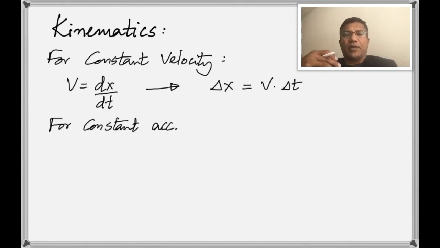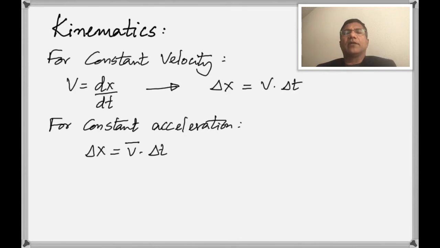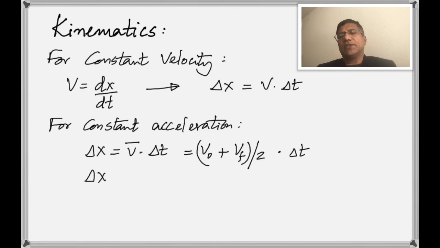Now, if you have an object that moves with constant acceleration, then there are several equations that can be used. First of all, you can find the displacement by using the average velocity multiplied with the time. And the average velocity is, of course, the sum of the initial and the final, divided by 2, then multiplied by time.